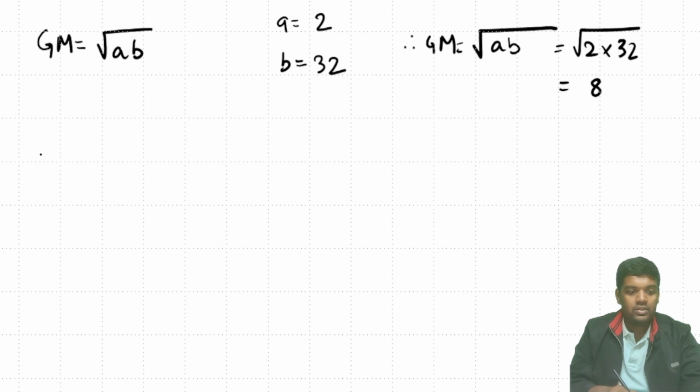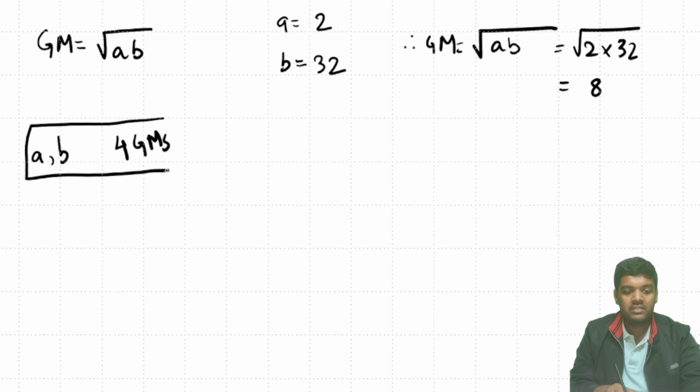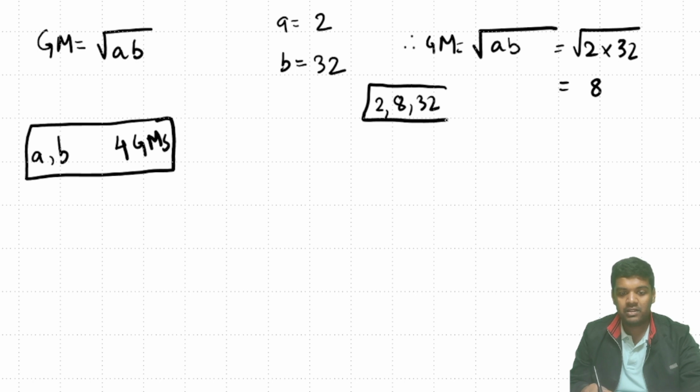Suppose we are given two terms A and B and we are required to insert, let's say, 4 GMs. This is a very similar concept as we have done in arithmetic progression. The 6 terms will be in GP. Even in the first case, if you arrange 2, 8, 32, this is in GP with a common ratio of 4.